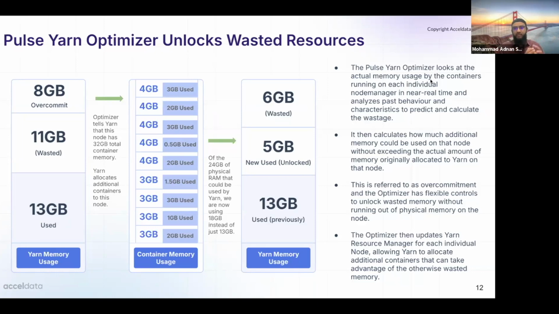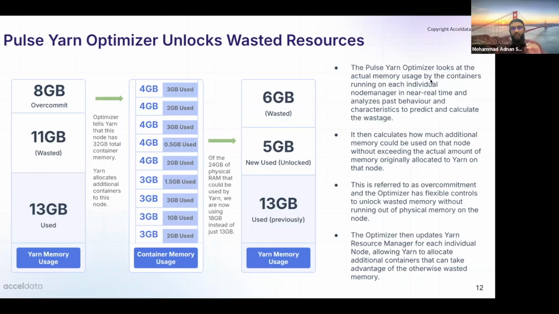So if you see in the previous slide, the total memory was 24 GB. Of those 24 GB, 13 GB is utilized, 11 GB is wasted. Now we are overcommitting this by 8 GB. How we are overcommitting, what the mechanics are, how it really calculates, there are many configurables that run around. It is the optimizer that tells YARN that this node has 32 GB of total container memory.